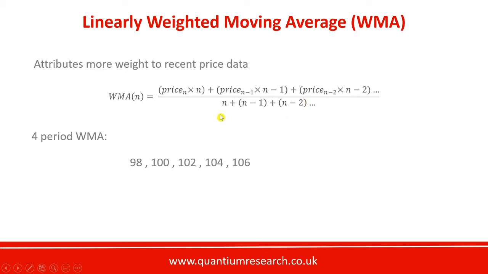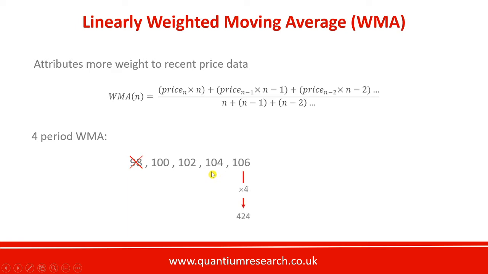Now, how does the total sum work? We've got a period of 4, and the denominator for the weights would give us the 4 plus the 3, because we're minusing 1, plus the 2, and then plus the 1. We're not using more than 4 bits of data, as 4 is our period figure, so we simply stop there.